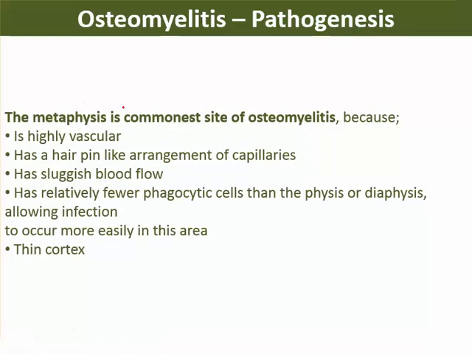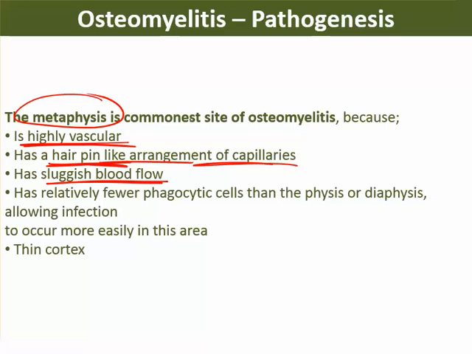Okay, now it is very important. Why does infection start in the metaphysis? Because, as I told you, it is a highly vascular area, because all the blood goes to the metaphysis. They have a hairpin-like arrangement of capillaries, so the blood slows down and becomes sluggish, and they have more phagocytic cells than the epiphysis and the diaphysis.